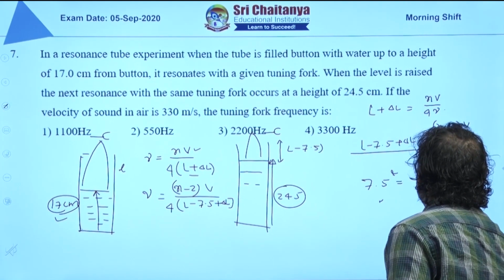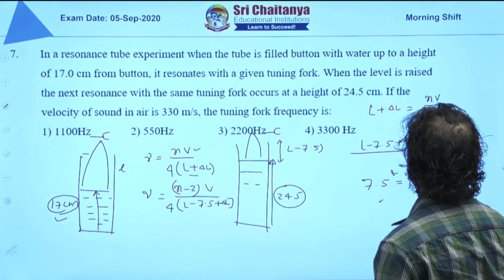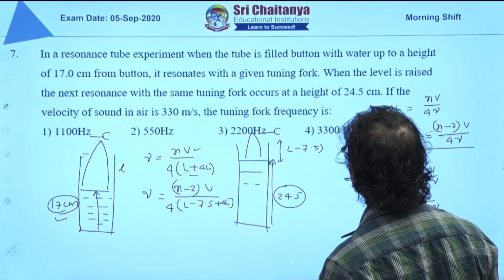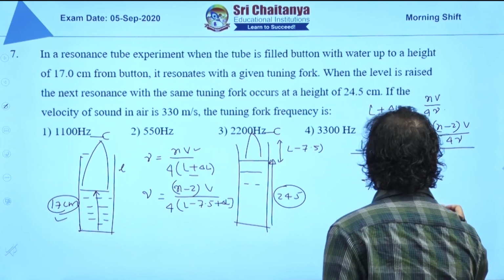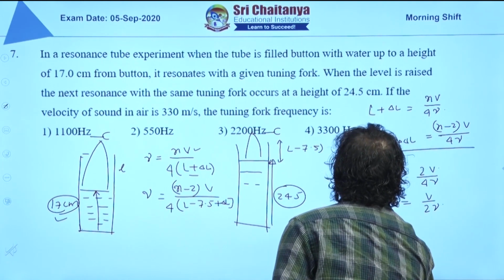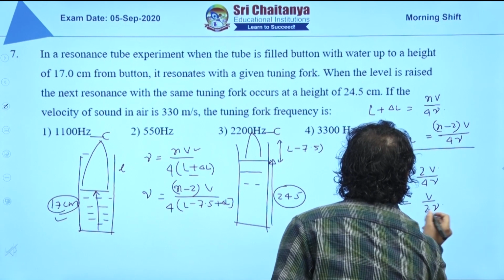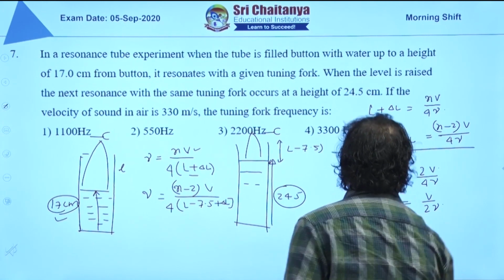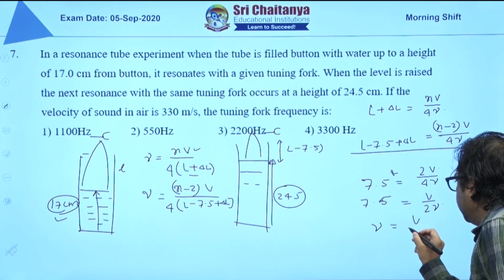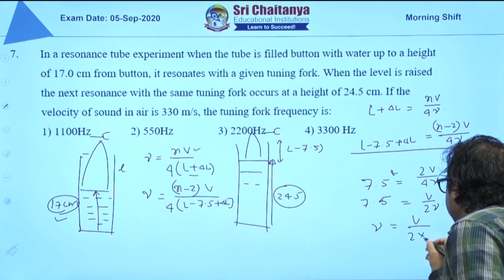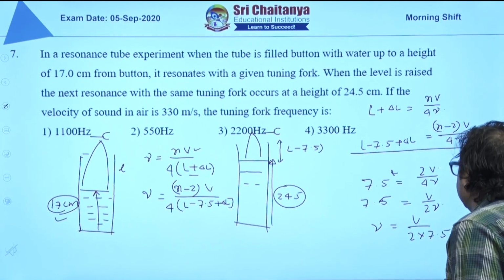So, that is V by 2 nu. So, what we are supposed to find? We are supposed to find the frequency. So, that is your 7.5, and nu is nothing but V divided by 2 into 7.5.